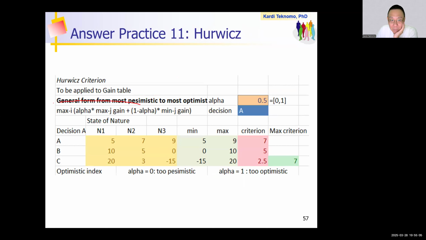So this is the formula I'm using. First I calculate the minimum and the maximum. After that, I calculate the criterion, based on that formula from a while ago, which is based on alpha. Then of course you maximize because this is gain. If this is cost, of course you will use this formula, and this is negative. Anyway, you will get the same result.